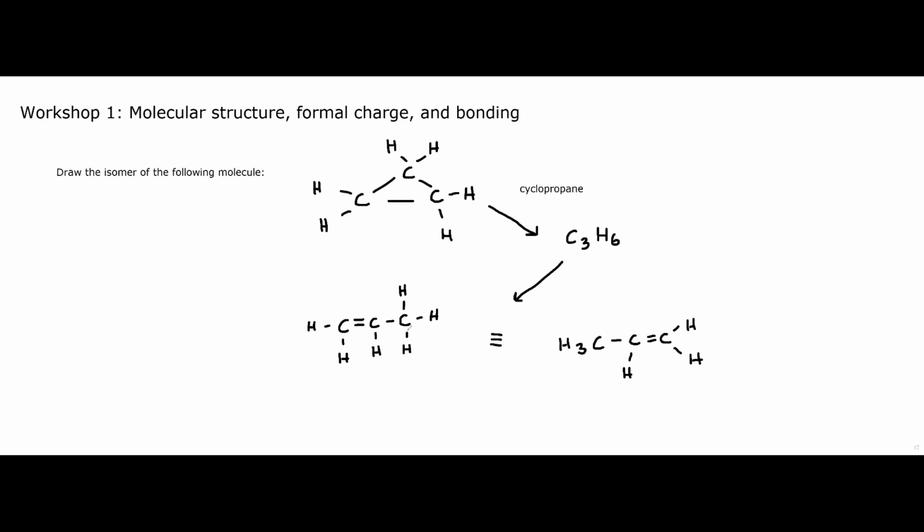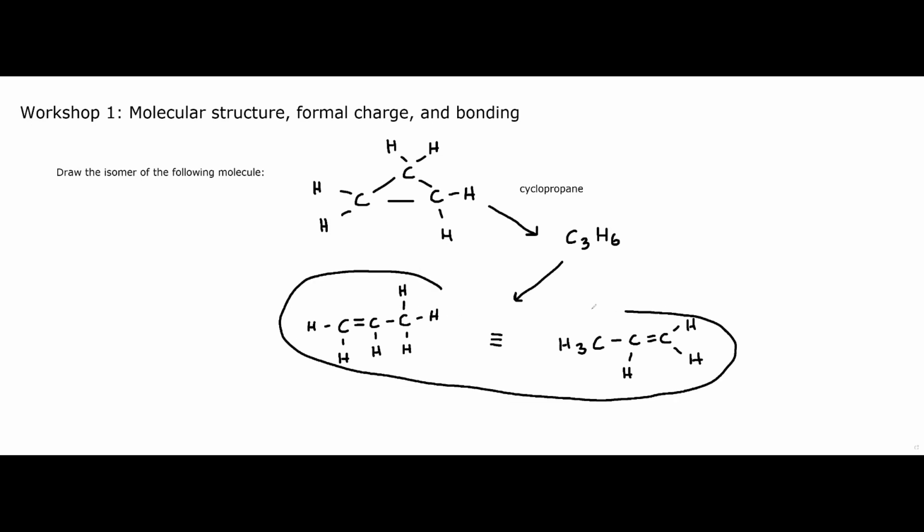This is the symbol sometimes you'll see for equal. Okay, these 2 molecules are the same. Either way, the isomer of cyclopropane is this double bonded CC with a methyl group. This is called propene.